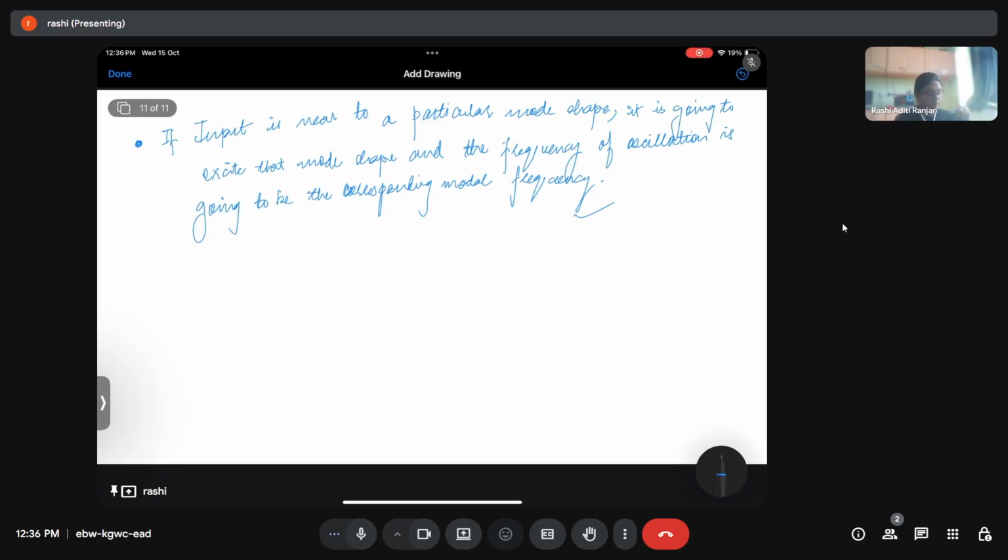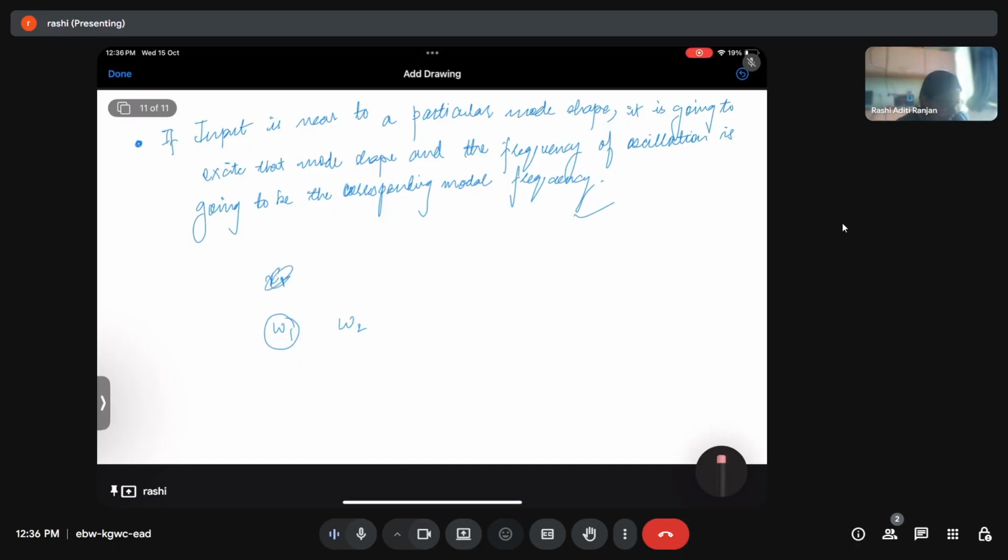Because if you remember, in the class, sir has also focused on this, and we also discussed this: if we have two frequencies, omega 1 and omega 2, then at omega 1, x1 is going to have more contribution.